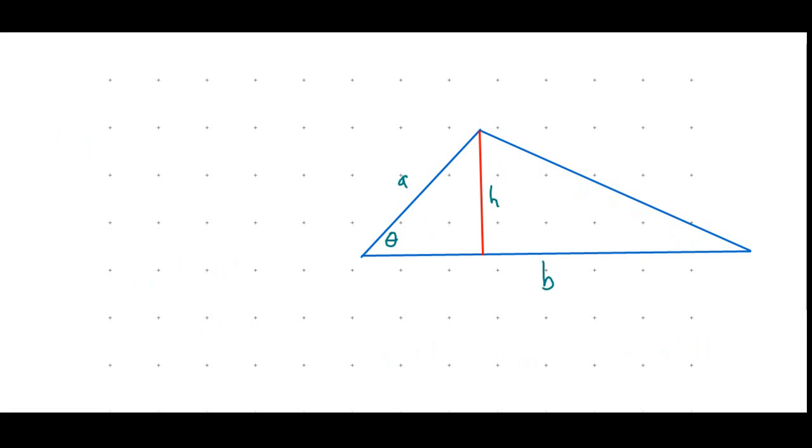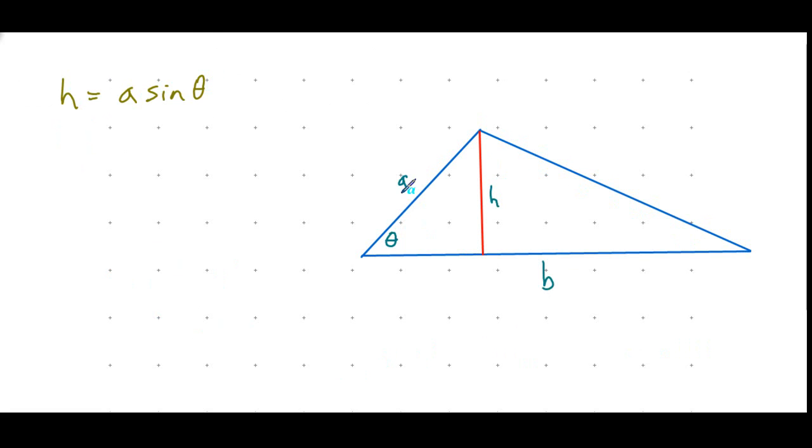Building on this concept, if I had any general triangle, I can find the height of that triangle by using the properties of sine: the h value is nothing more than a times the sine of theta, that angle in between.